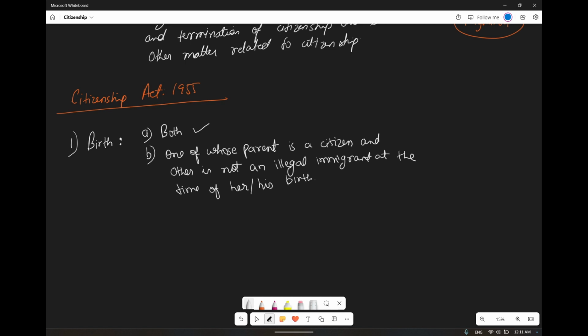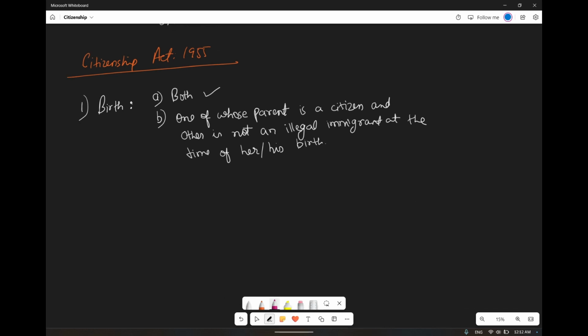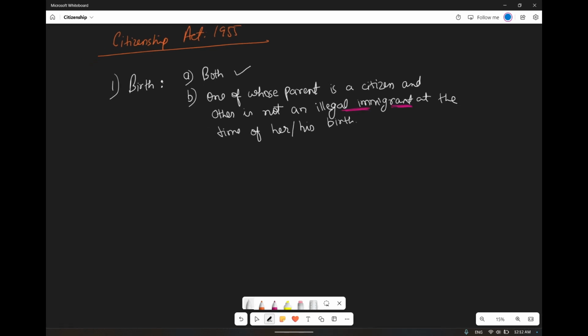One is that both parents should be citizens of India while taking birth, and another is that one parent is a citizen, and the other may be of a foreign country, but that parent should not be an illegal immigrant at the time of her or his birth.